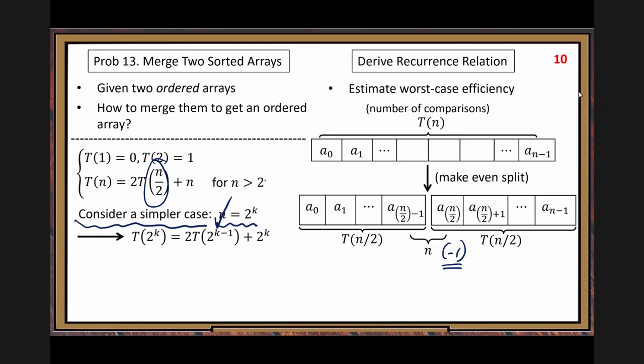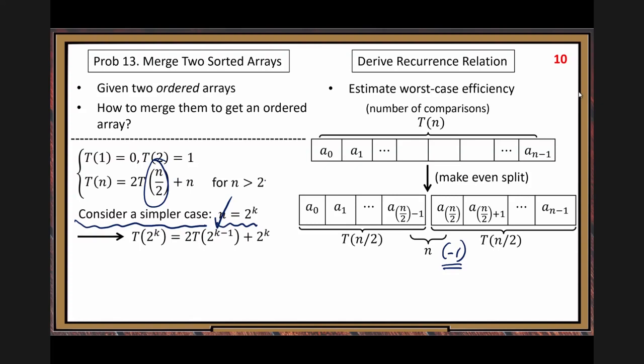Anyone has any idea to do some special transformation? Special transformation based on the structure you see here in this equation. The structure. A lot of powers of 2. Look at that structure. A lot of powers of 2. Nice structure.